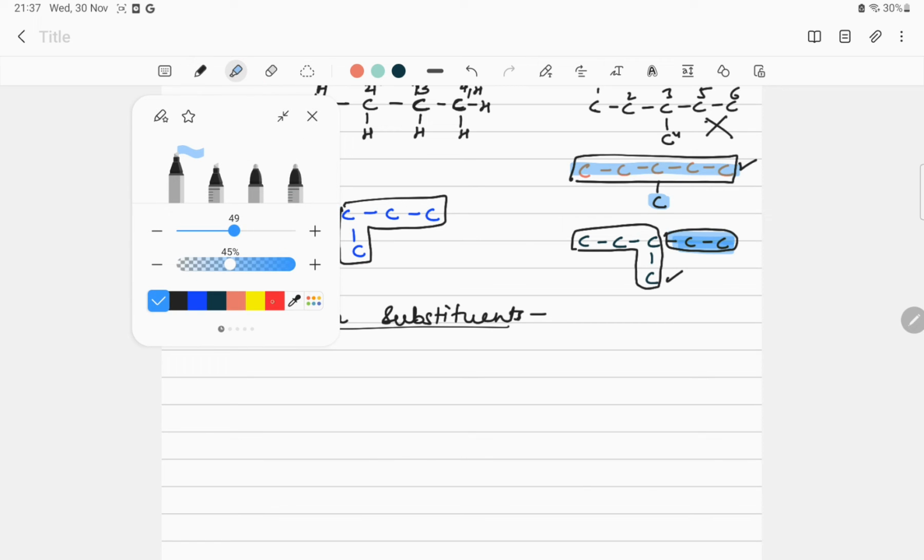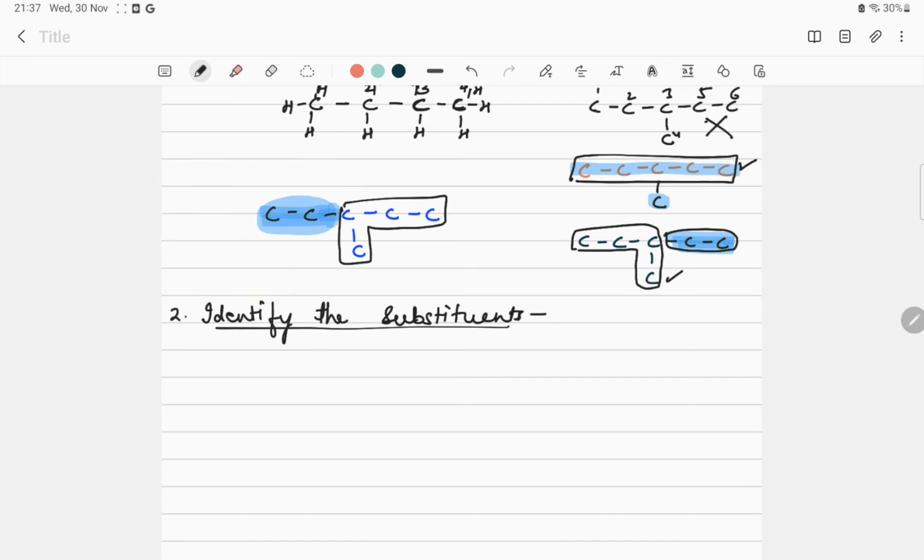This is an example of one substituent. You can see that this is the parent chain and substitution happens only at this place. So that is one substituent containing two carbons. That is how we should identify the substituents.